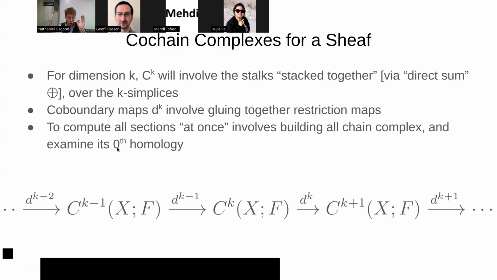Okay, so what does the co-boundary map do? Well, this is going to be really cool. It's going to map the data for simplices of dimension K minus 1, maybe those are your vertices, up to data for the edges in that case. So if these are vertices, we map it to edges. And what's that going to do?